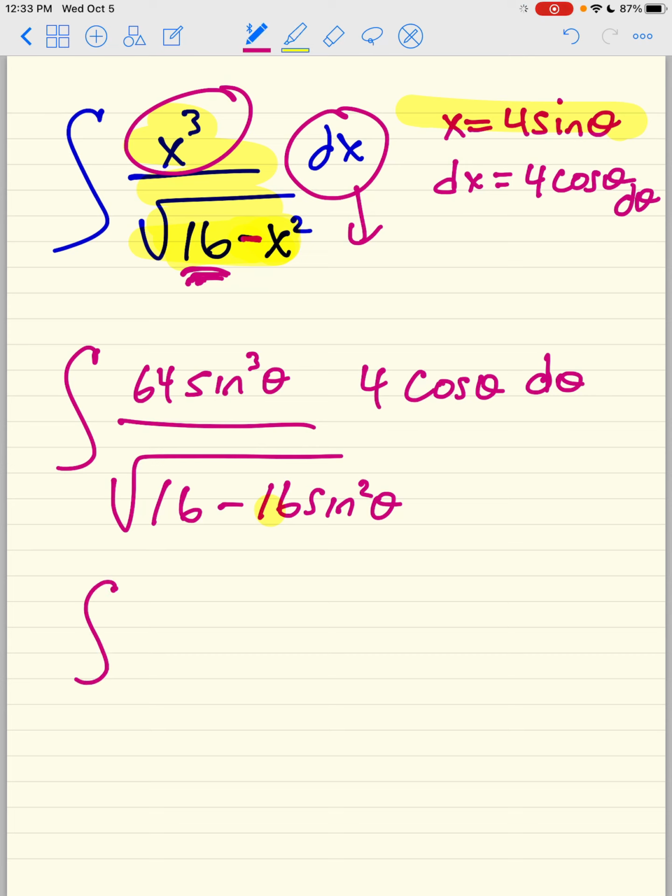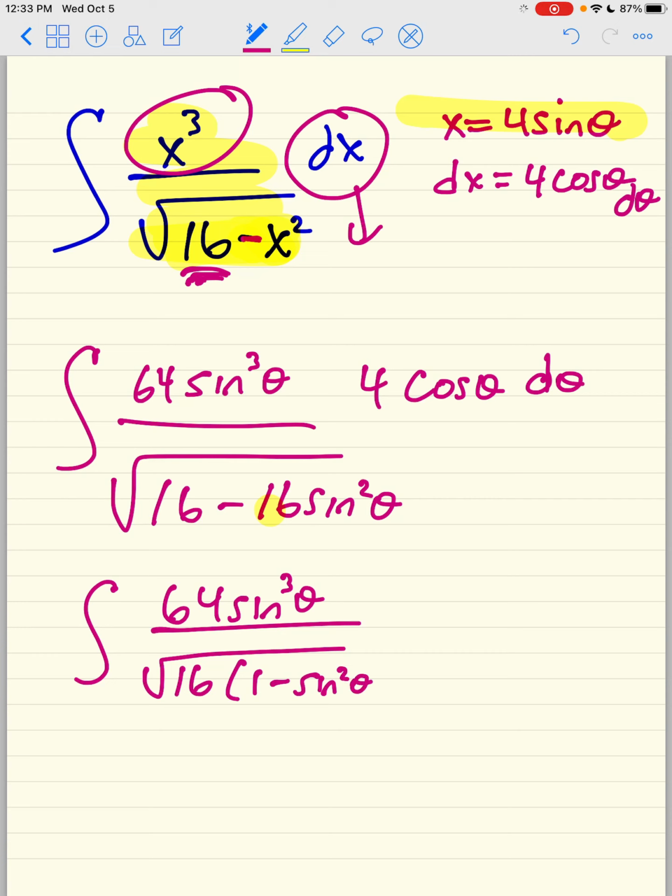So let's see what happens here. In the denominator, you can factor out a 16 and you're left with 1 minus sine squared theta. Did you know that this part here is cosine squared theta? And 16, if you take the square root of 16, you get a 4. And if you take the square root of cosine squared theta, you get cosine theta.